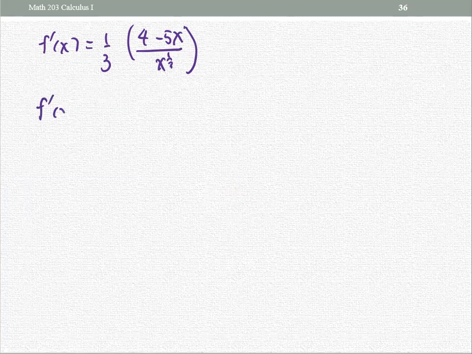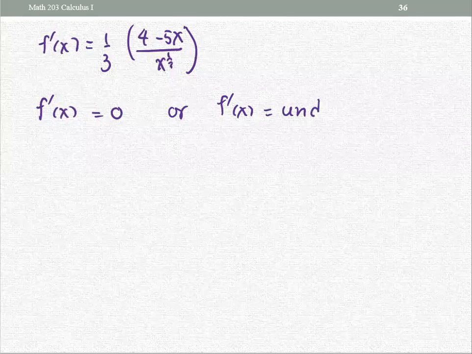From my f prime of x equals 1 over 3 times (4 minus 5x) divided by x to the 1/3, to find the critical numbers we have two cases: f prime equals 0, or f prime is undefined.